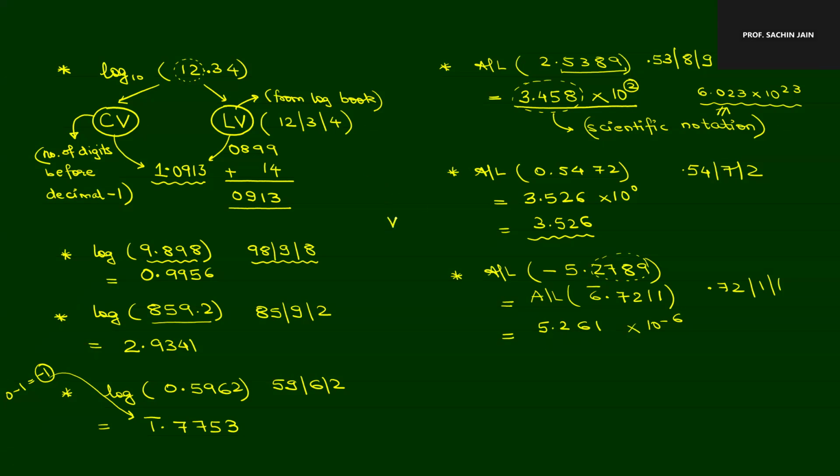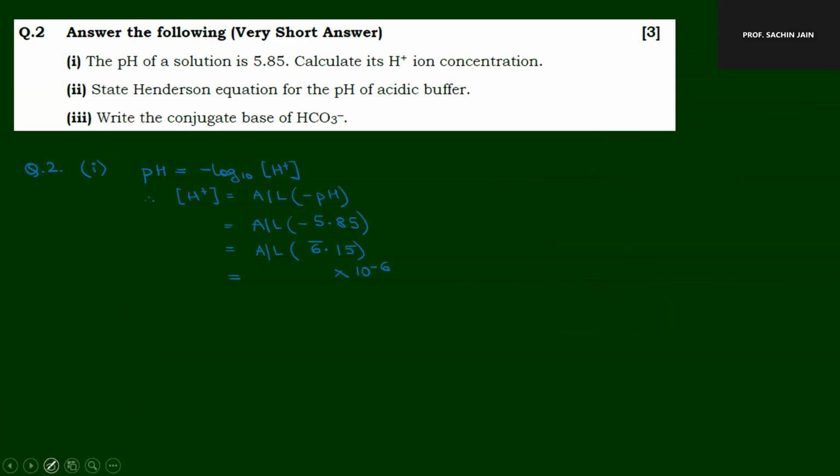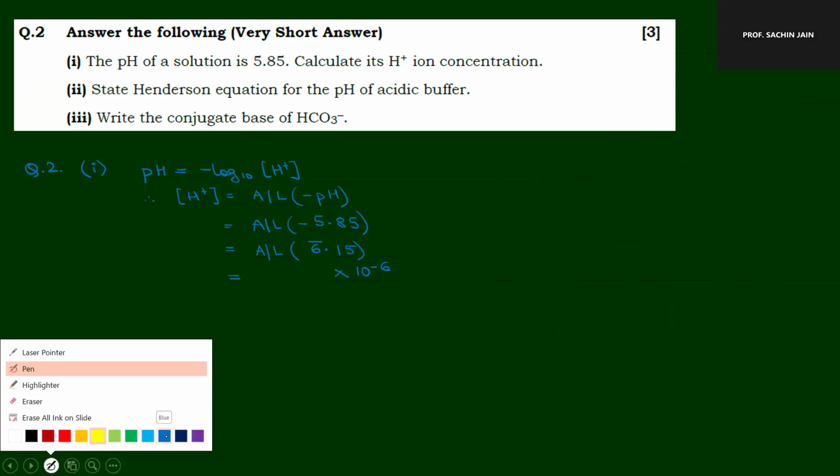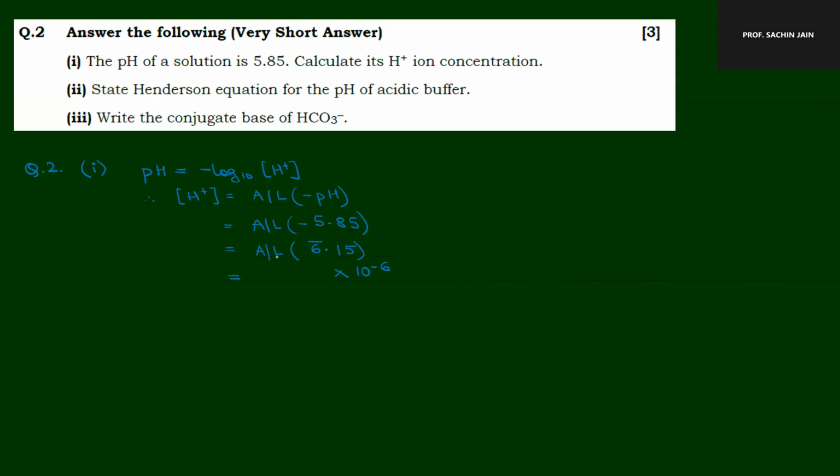So I hope how to tell the difference between the antilog and log table is clear. Understood. Yes, sir. Going back to the solution. So now we were supposed to find antilog of bar 6.15.